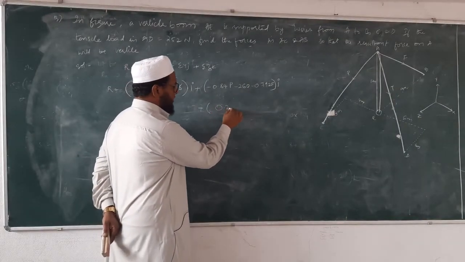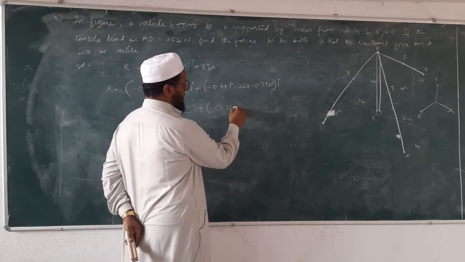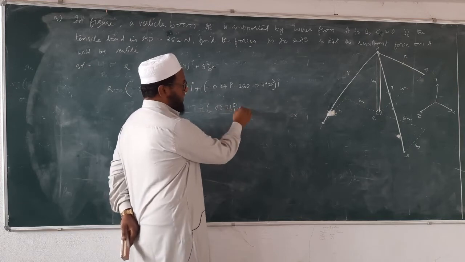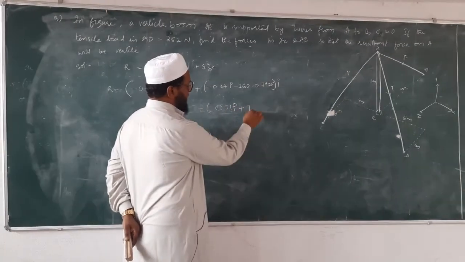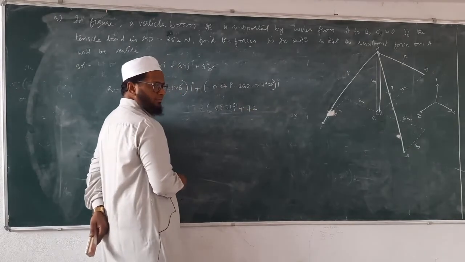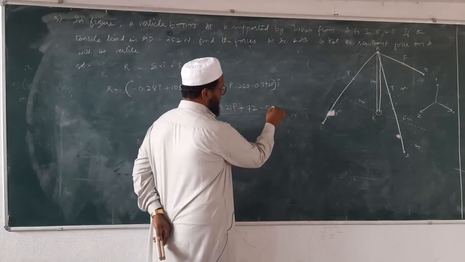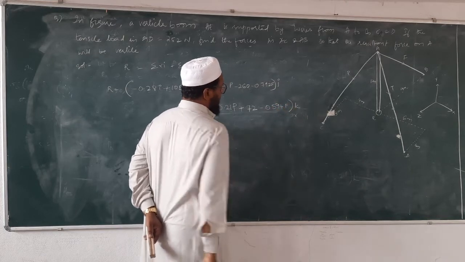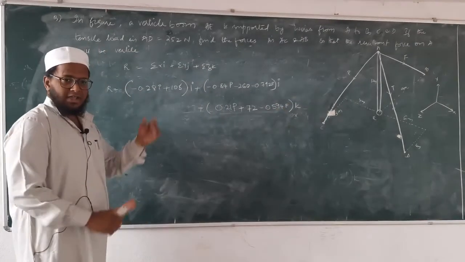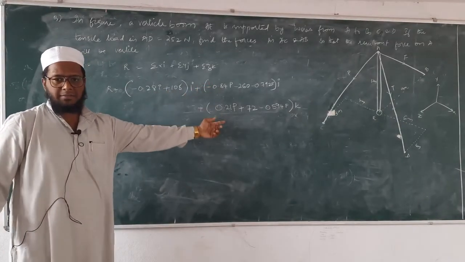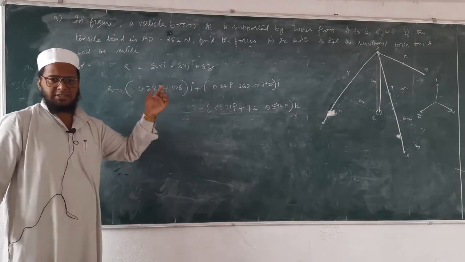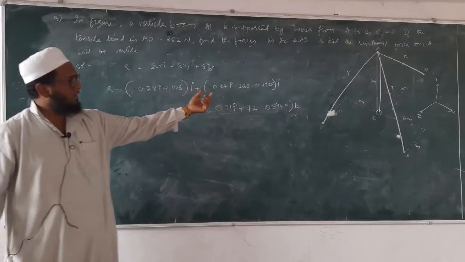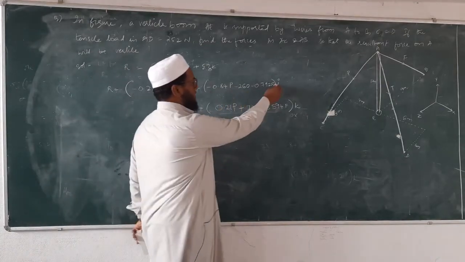Plus or minus? 0.21 P. Plus 72 minus 0.594 F. This is k. Okay. Now we have added sigma X, sigma Y and sigma Z. Sigma X is nothing but whatever the values we have related to i, whatever the values we have related to j, we have written here.